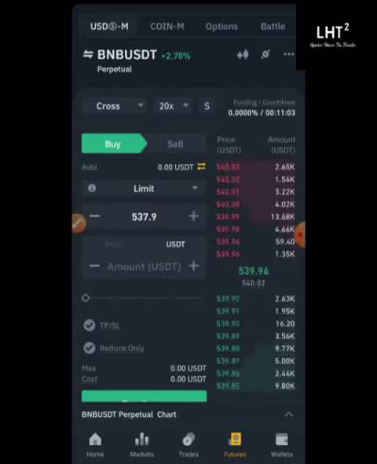I explain virtually everything there. I just want to give more explanation on the difference between cross and isolated trade, which I mentioned and explained in the first video, but I'm giving a deeper explanation here. I'll also give a full explanation on leverage, which I also mentioned in the first video.